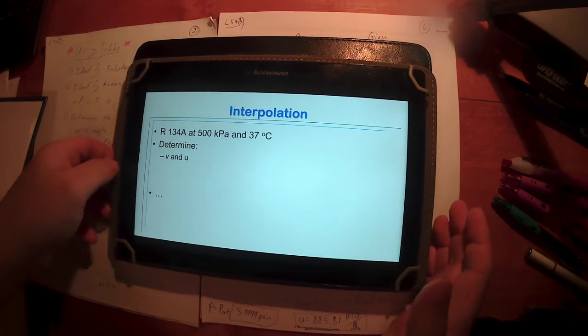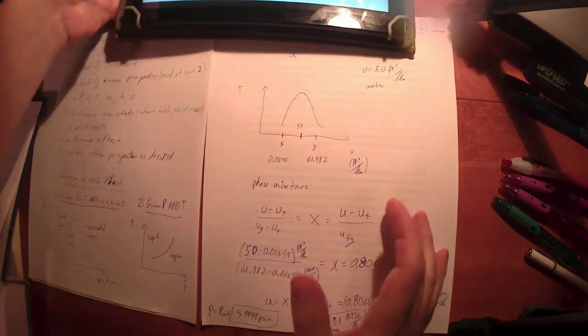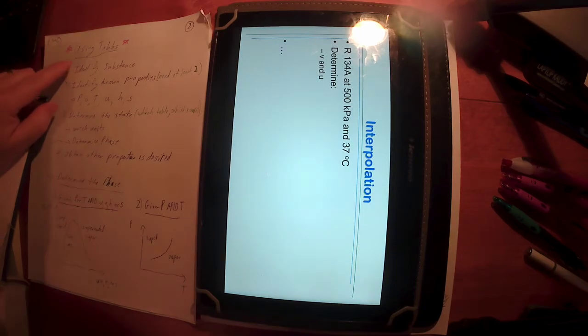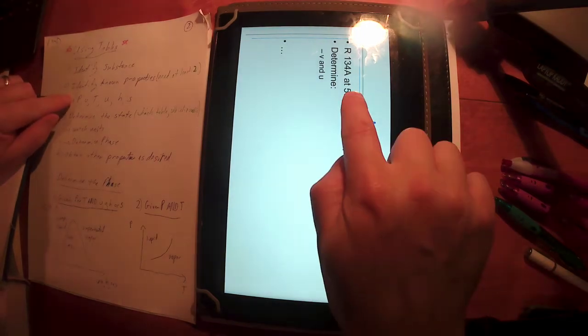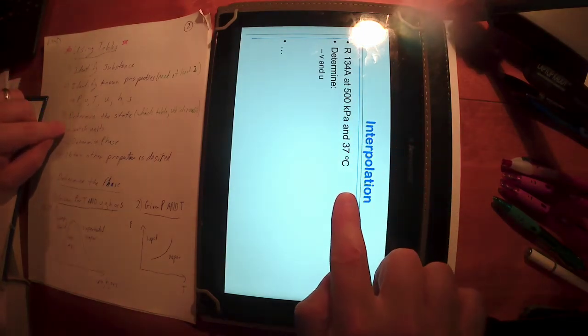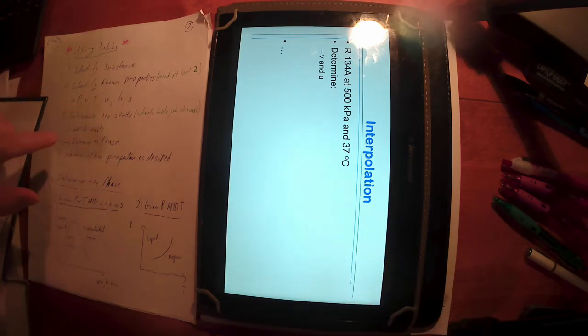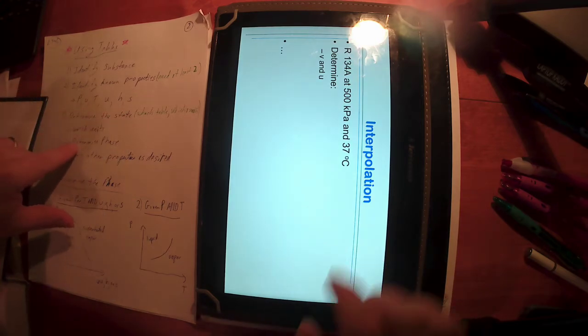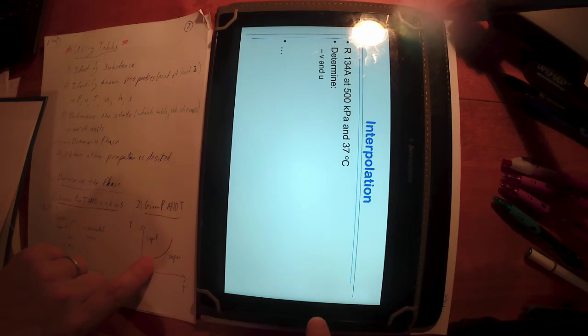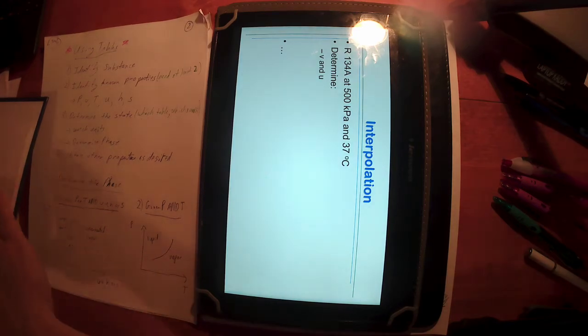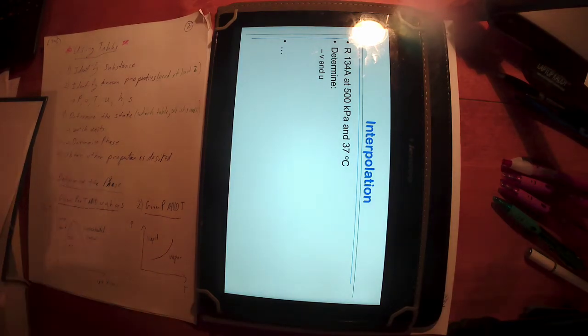And how do we do this? Well, I've got a pressure and a temperature. I need to know which table, which row. So I need to figure out the phase. Given a pressure and a temperature, I'm going to look at one of these kind of diagrams.